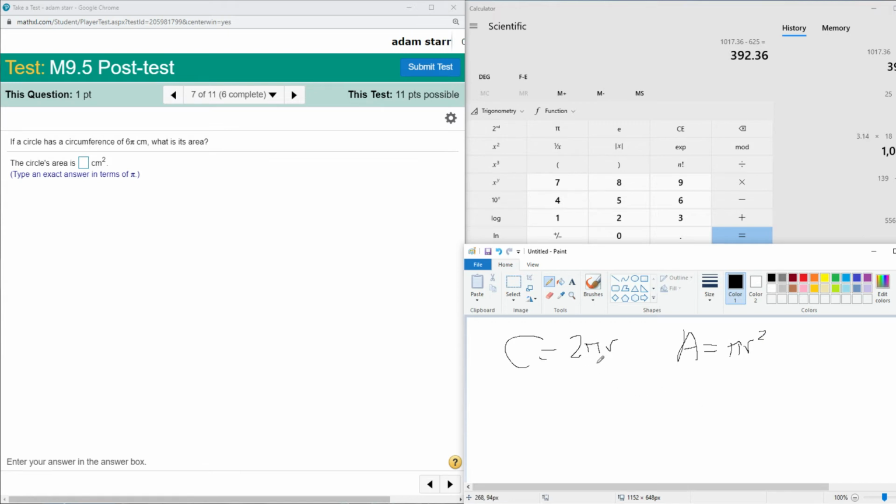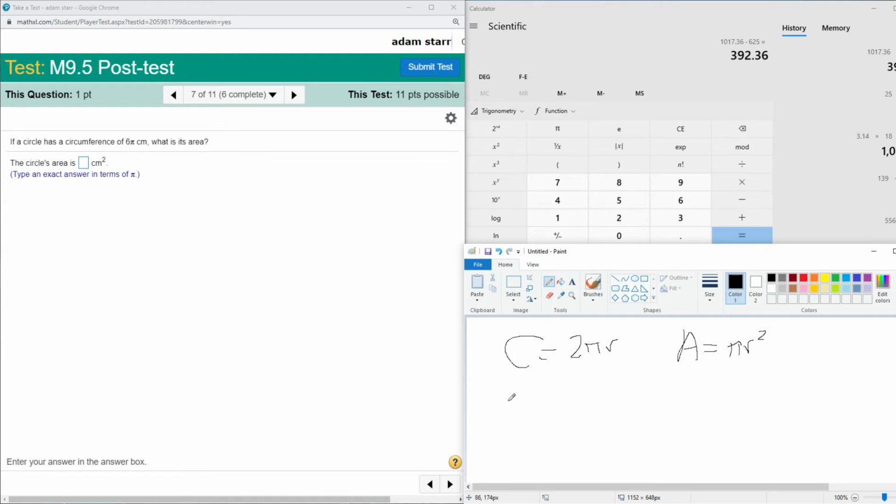They both have pi, which I'm going to leave because it says leave in terms of pi, but they both also have the r, which is the radius. So the only way I'm going to be able to find the area is if I first find the radius of this circle. To do that, I'm going to use what I know about the circumference.